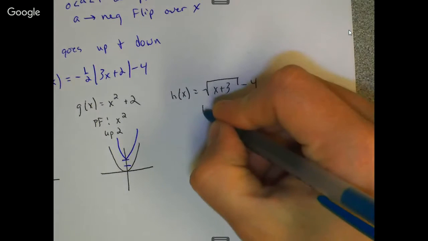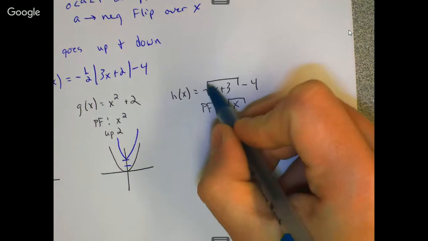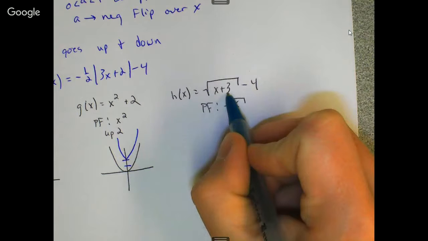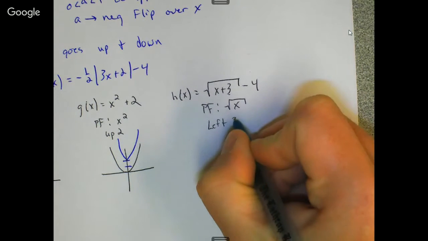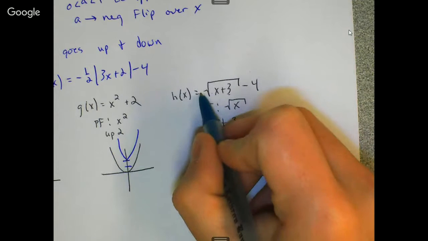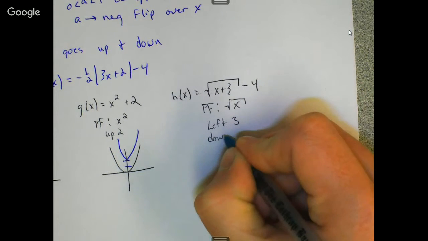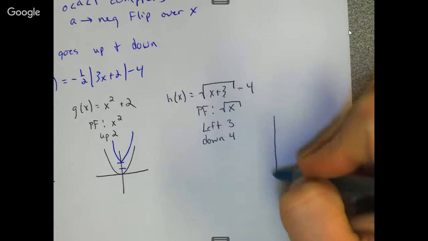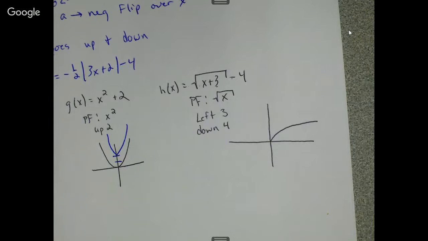So we start with the parent function. This is the square root of x. We've got the square root right there. So h is on the inside, and this tells me left 3. No b, no a, but I have a k, so that means down 4. Since it's a negative, that tells me to go down. So we have our radical parent function that looks something like that.